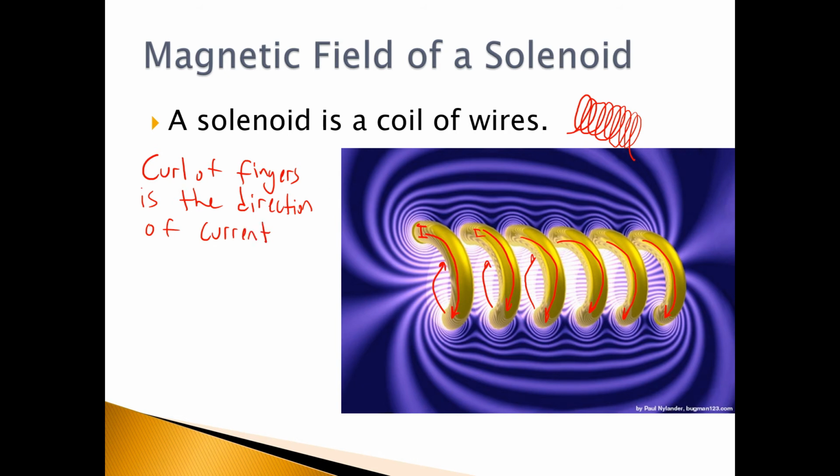So if you take your right hand and curl your fingers according to this picture, in the direction of the current, your fingers should curl towards you. If the fingers are curling towards you based on this diagram, then the direction of the thumb is the direction of the magnetic field.